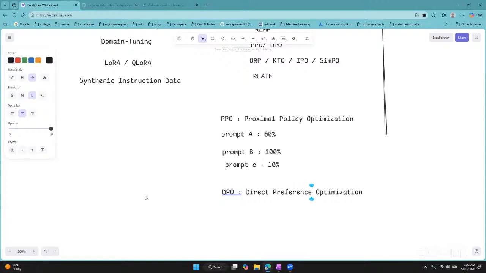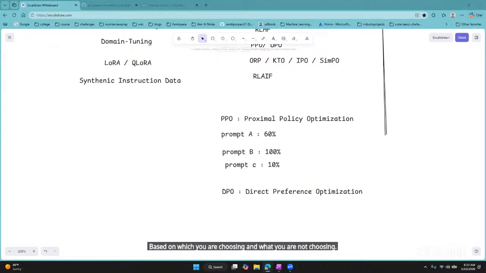With direct preference optimization, you have chosen a response or you have rejected a response. So the model will try to train separately based on what you are choosing and what you are not choosing.